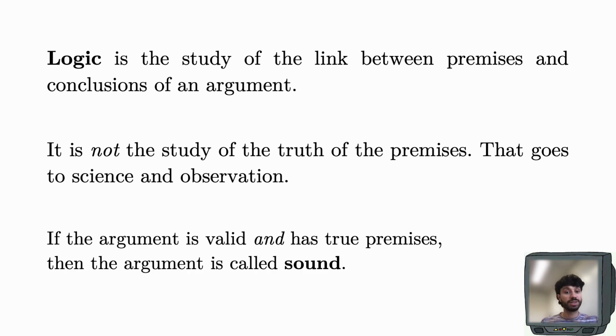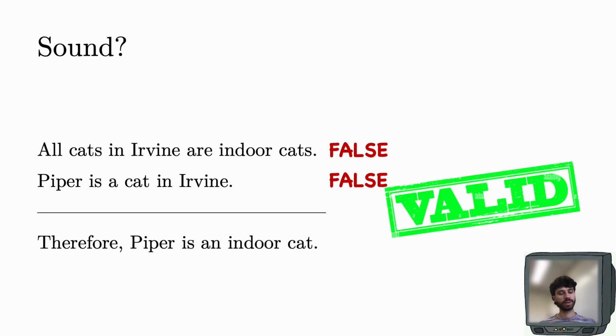If the argument is valid and has true premises, then the argument is called sound. So a sound argument is really good. Now, again, going back to our example, is that example sound? Well, no, because the premises are in fact not true. They're false.